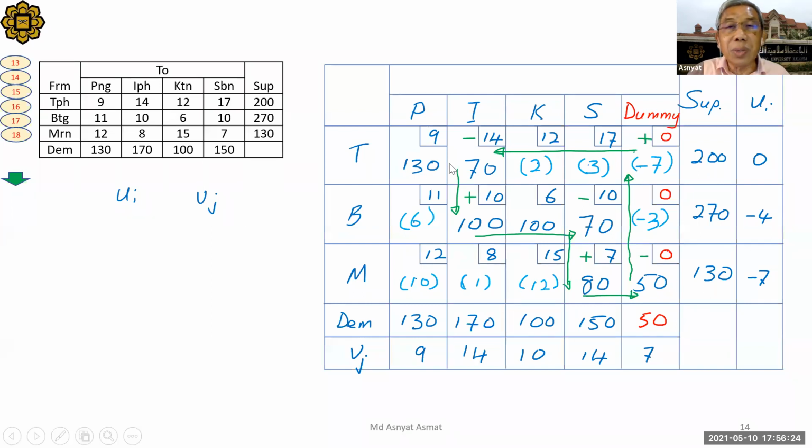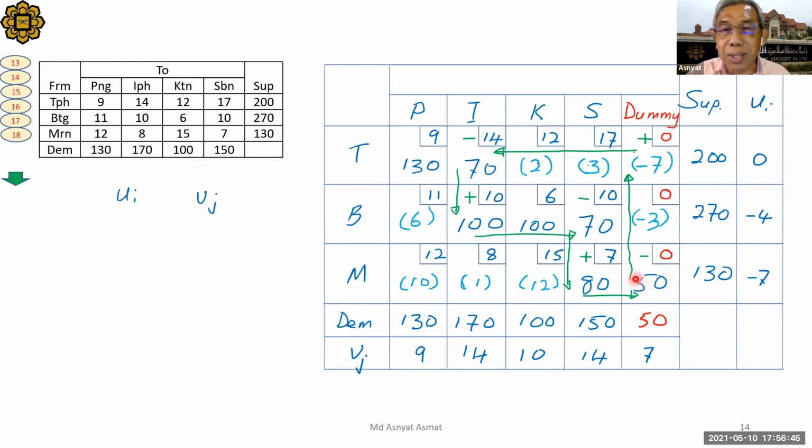Now the next thing is we are going to shift. Now look at the negative 70, this is also negative 70, and negative here 50. Now how many units are we going to move? 50, right? From here, 50.